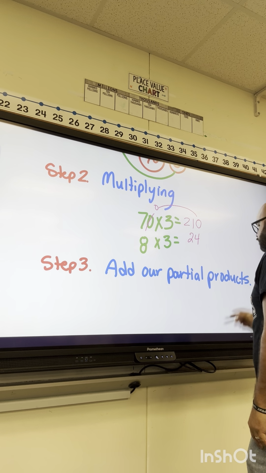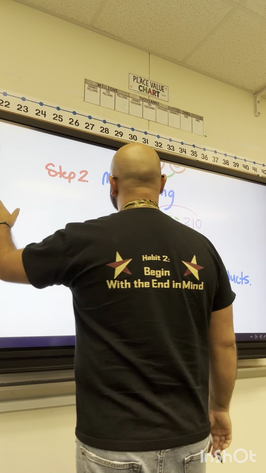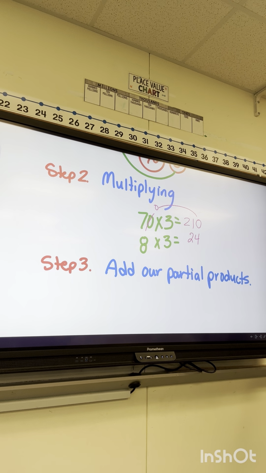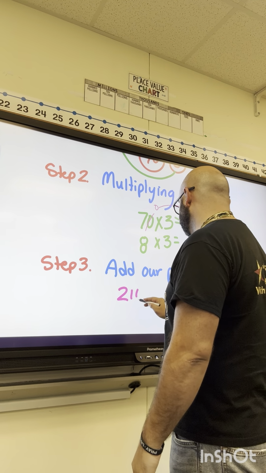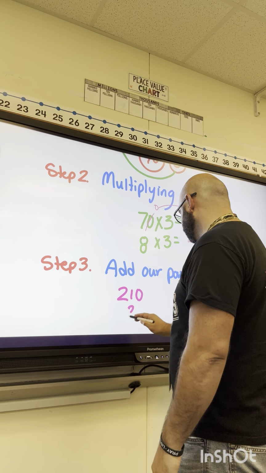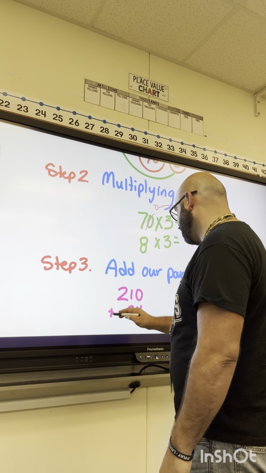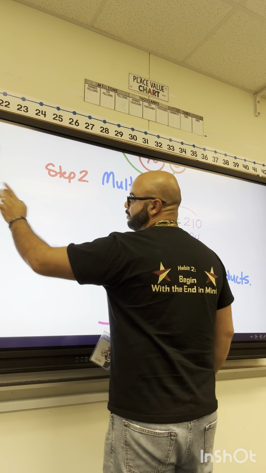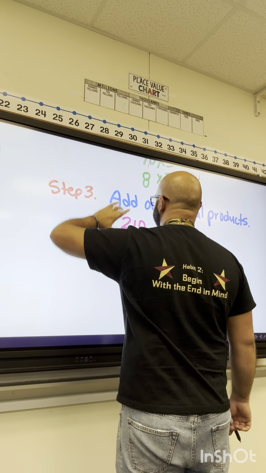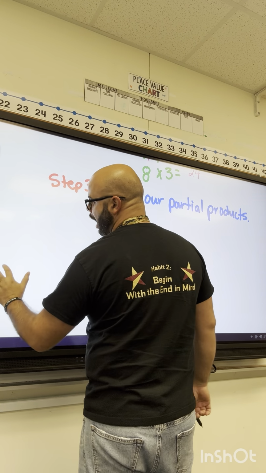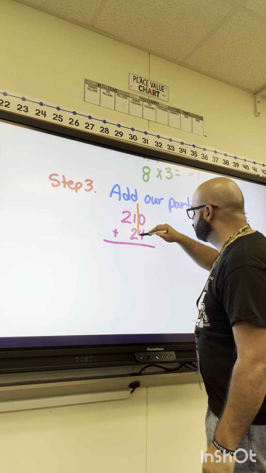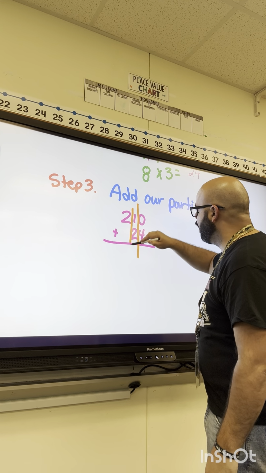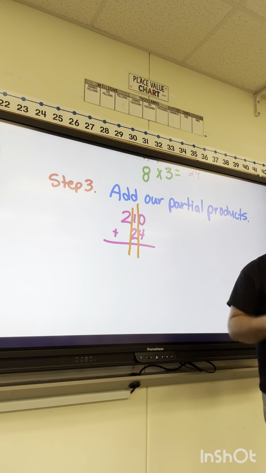So we're going to add 210 plus 24. I want you guys to keep an eye on this, it is extremely important. Look at how I aligned my numbers. I aligned my numbers correctly according to their place value.